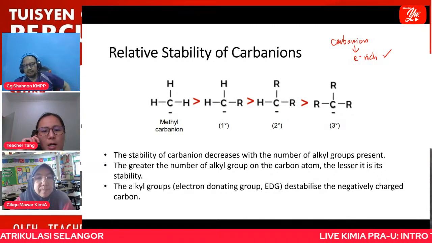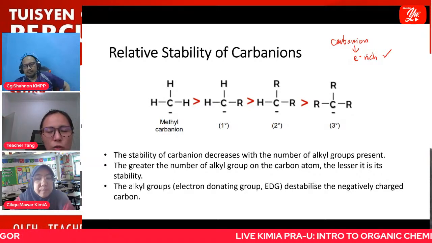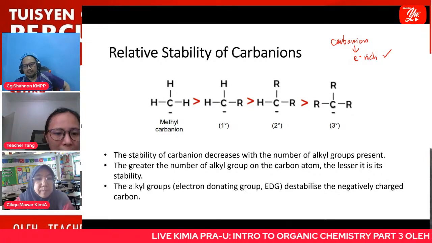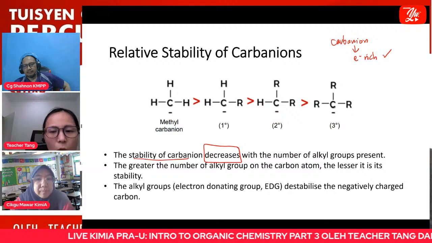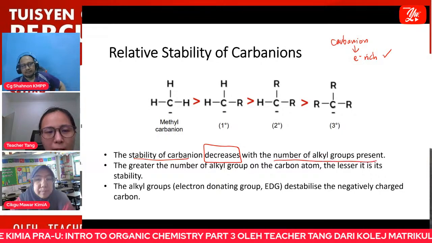So basically, the stability of a carbanion decreases with the number of alkyl groups present.